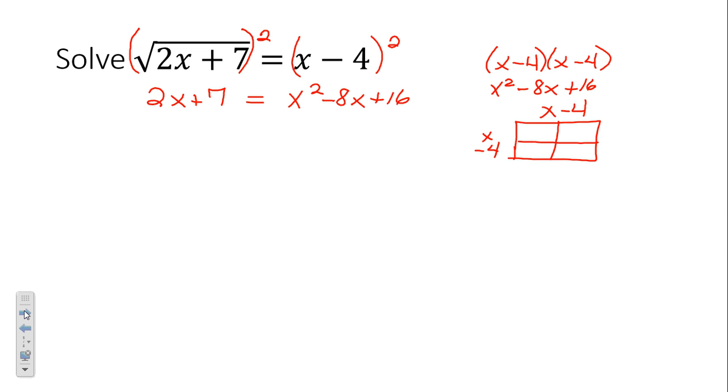Now how do we solve for x? What do you think, Christian? Subtract 7 from both sides. You do know. Good job. And while we're at it, what else should we do?